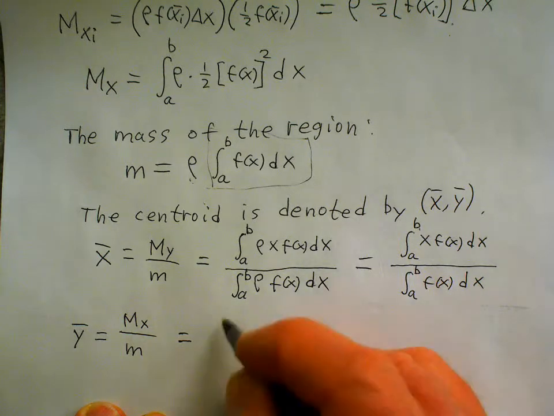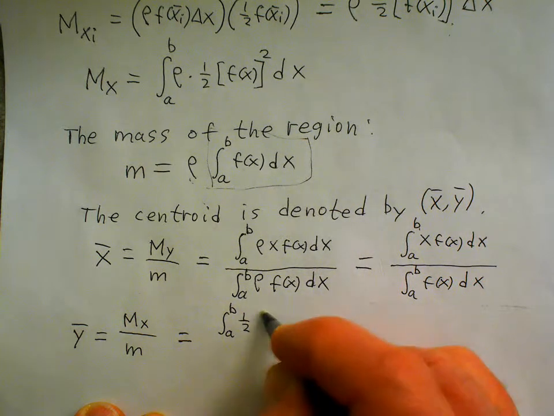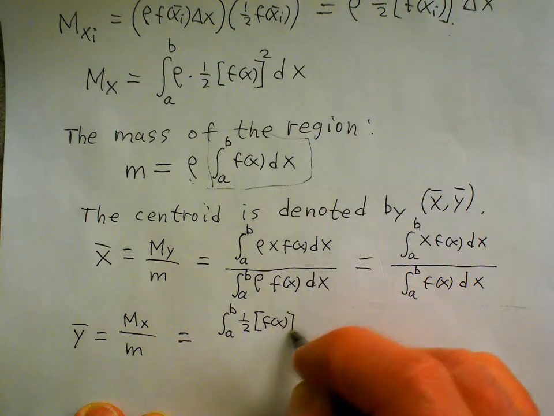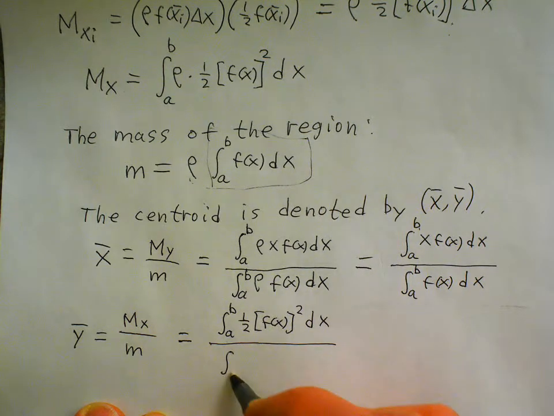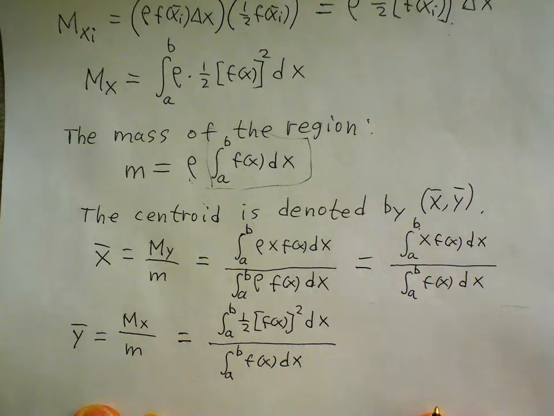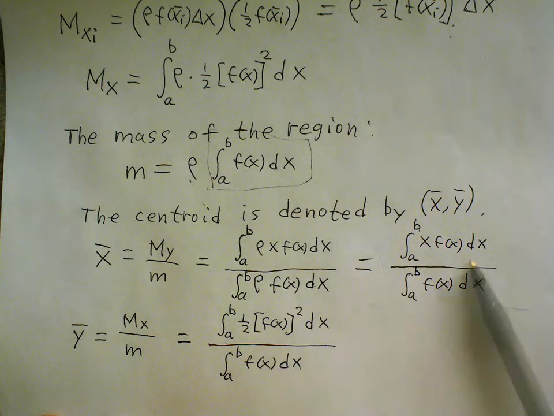In the numerator, we have the definite integral of 1/2 times the square of f of x dx from x equals a to x equals b, divided by the definite integral of f of x dx from x equals a to x equals b. Like I said, memorize these formulas. If you don't memorize them, you can always derive them the way that it was derived before this.